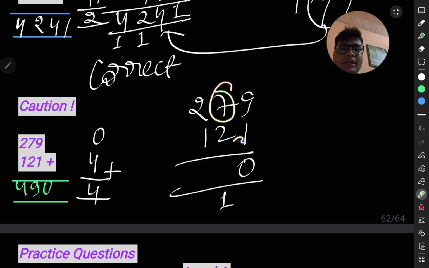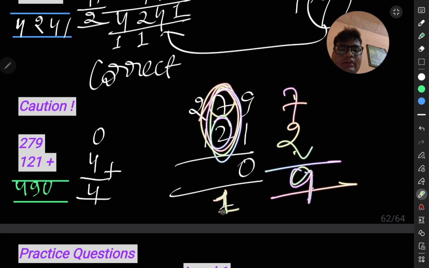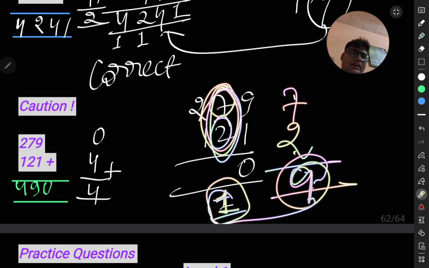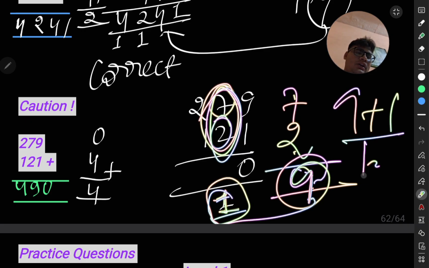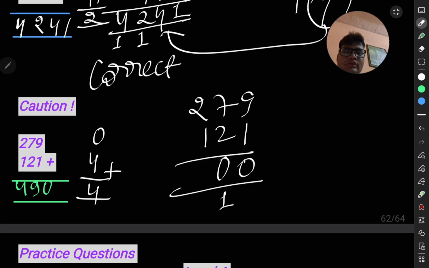Now we move on to the next digit: 7 and 2. 7 plus 2 will be 9, and 1 is carried, so we add this 9 and this 1. 9 plus 1 will be 10, so we write 0 here and 1 is carried.